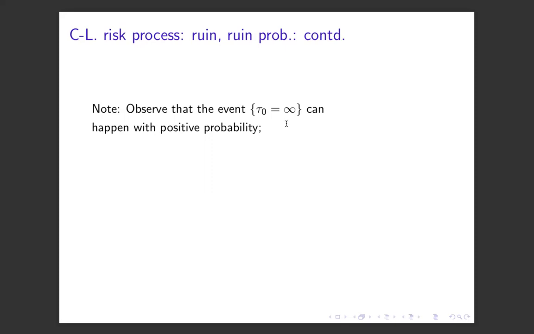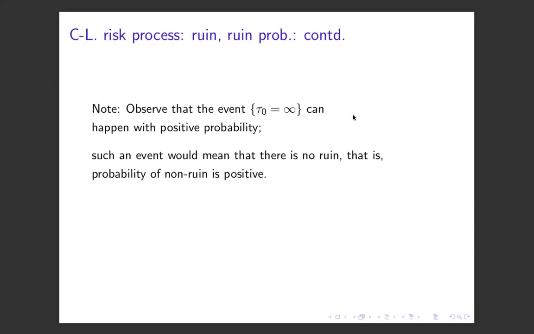That is, ruin never happens. So this is a desirable possibility. This would mean the probability of non-ruin is strictly positive.